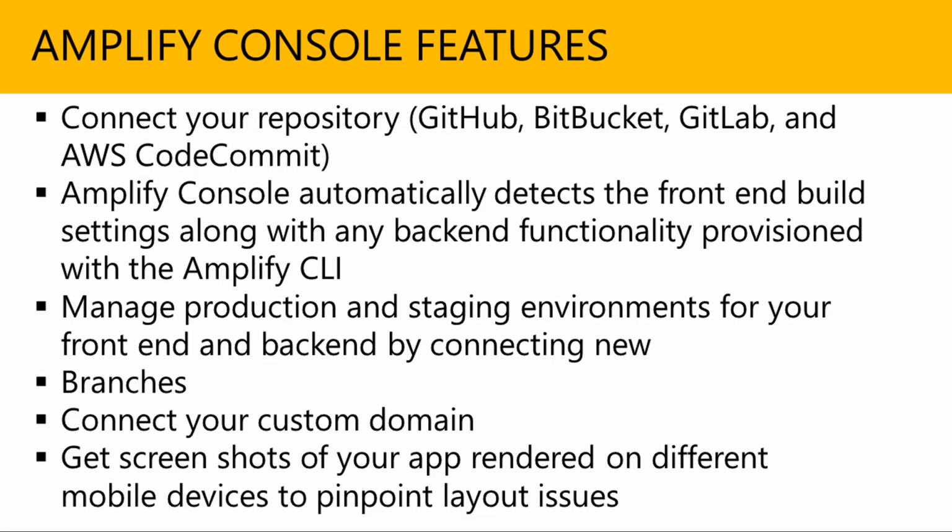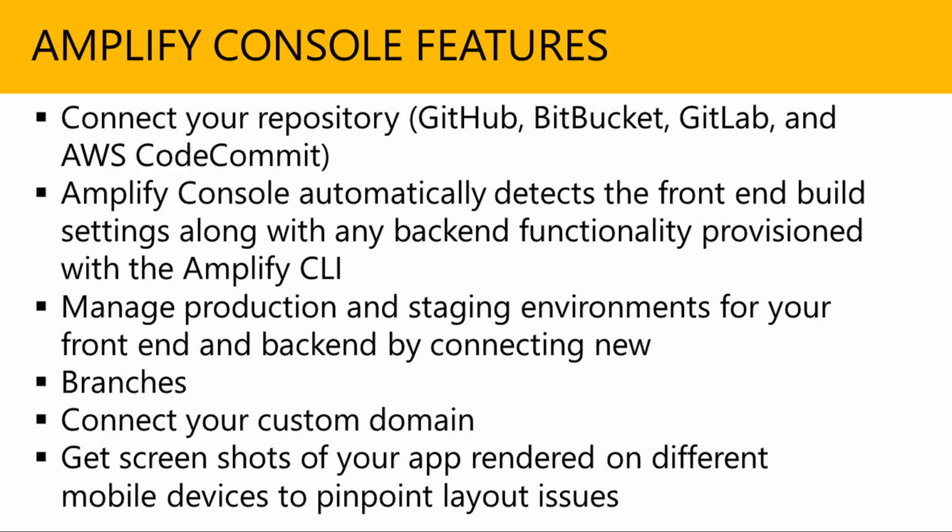Next, let's take a look briefly at the Amplify console features. I'm going to give you a little demo too, so you can take a look at where you find it within your management console. With the Amplify console, you can do several things. You can connect your repository. Let's say you're using GitHub as a source code repository. You could use GitHub, Bitbucket, GitLab, or the AWS native CodeCommit as a repository.